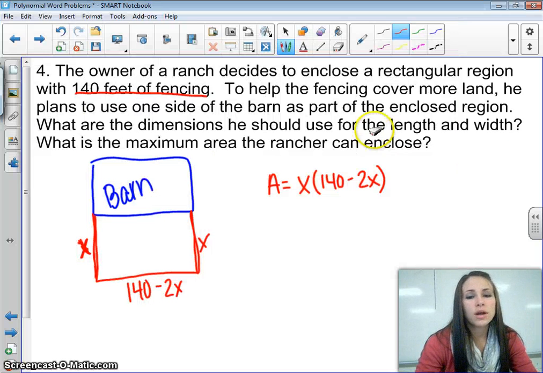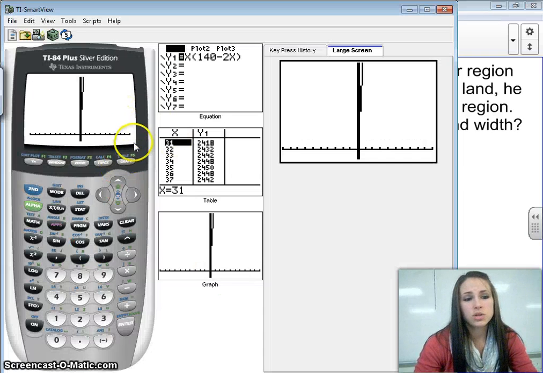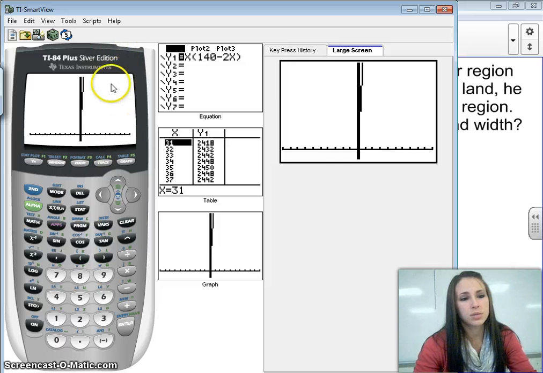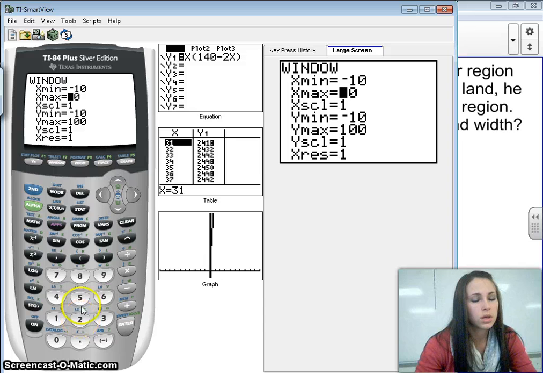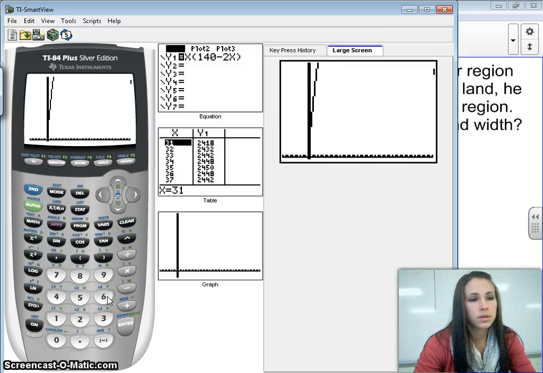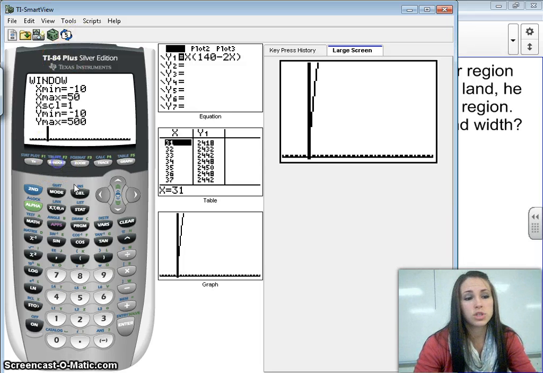I also know that if I'm looking for a dimension, that's a positive number. So I also need to see out here a little ways, because the maximum is going to happen somewhere out here on the x-axis. So I'm going to make my x-max a little bigger too. I'll go 50, and then I'm going to change this number and make it even higher. See if that helps my window at all. It does a little bit, but both of those numbers still need to go a little higher.